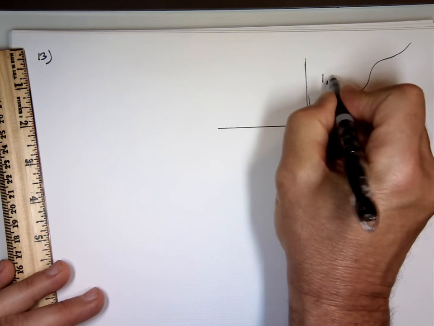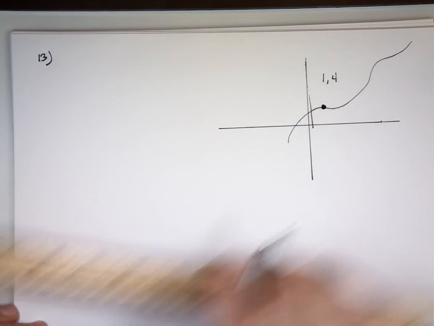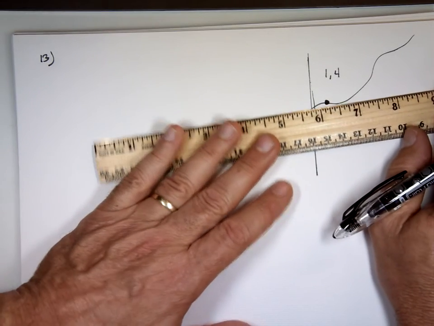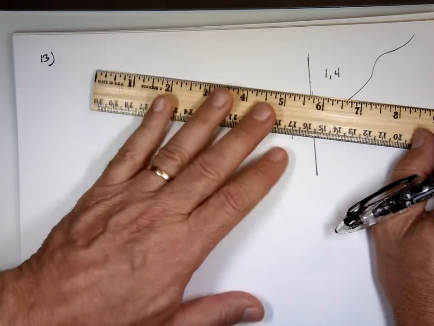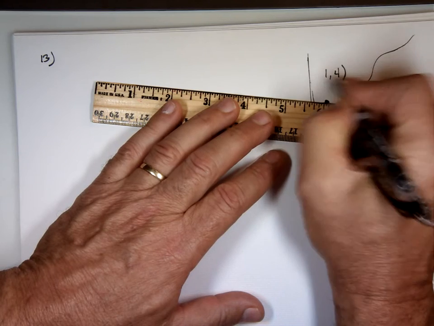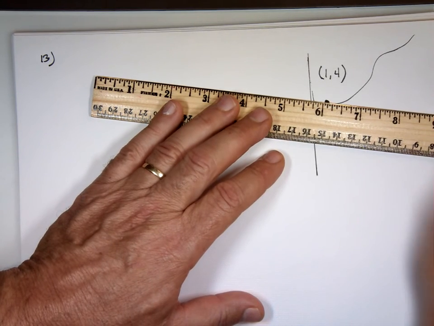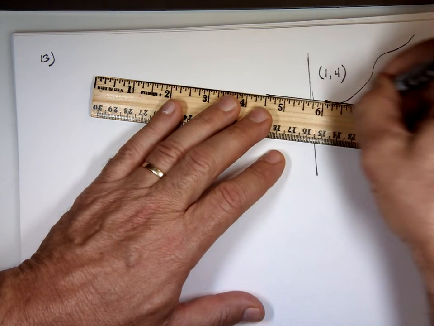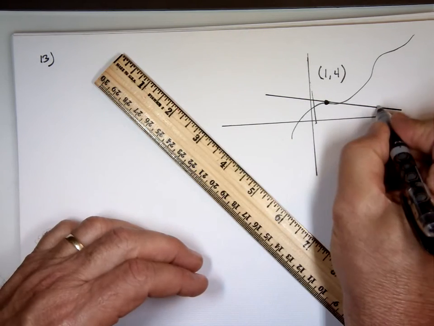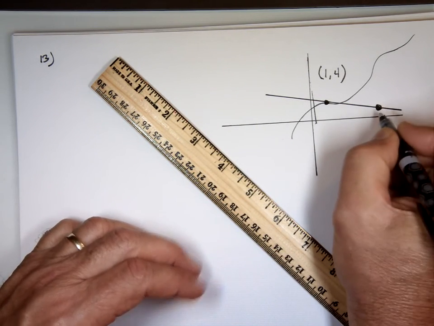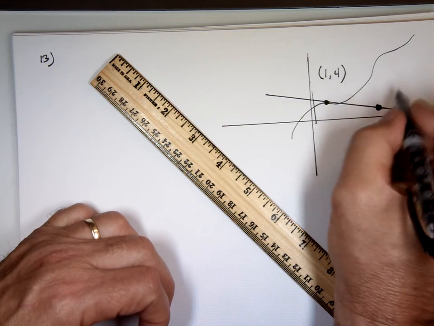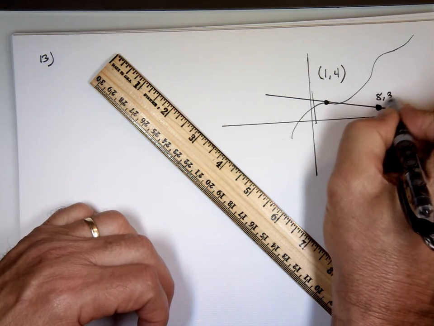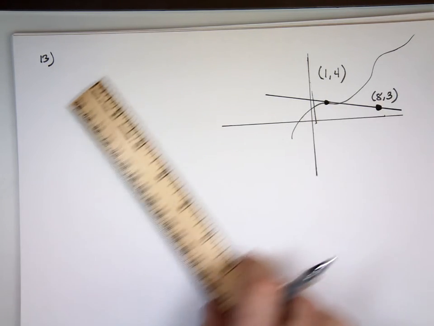This is the tangent line of that. Because the y value is 4, so it's coming down. It's decreasing a little bit. The tangent line passes through the point 8 and 3. That's what it says.